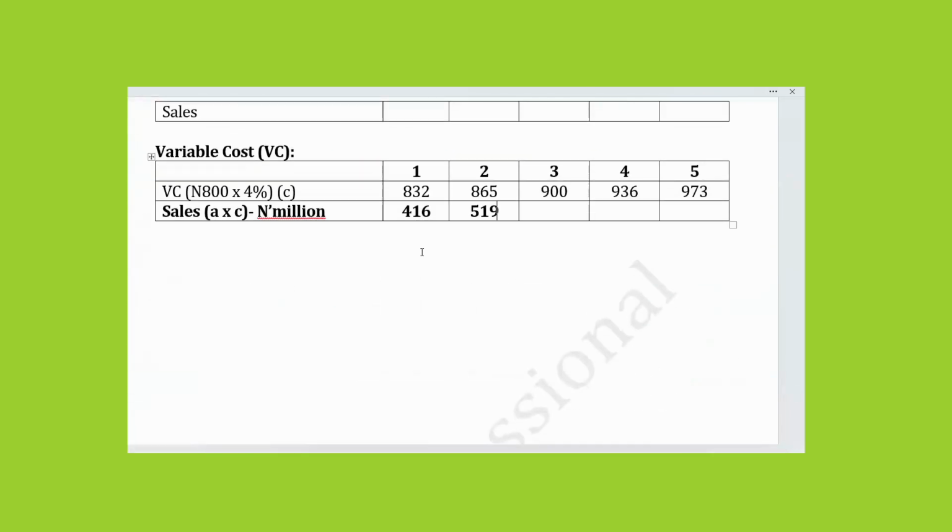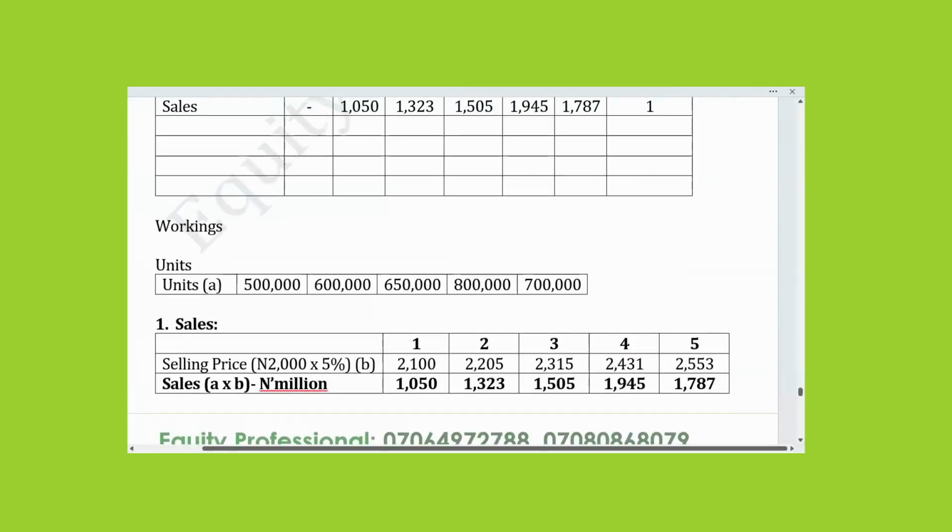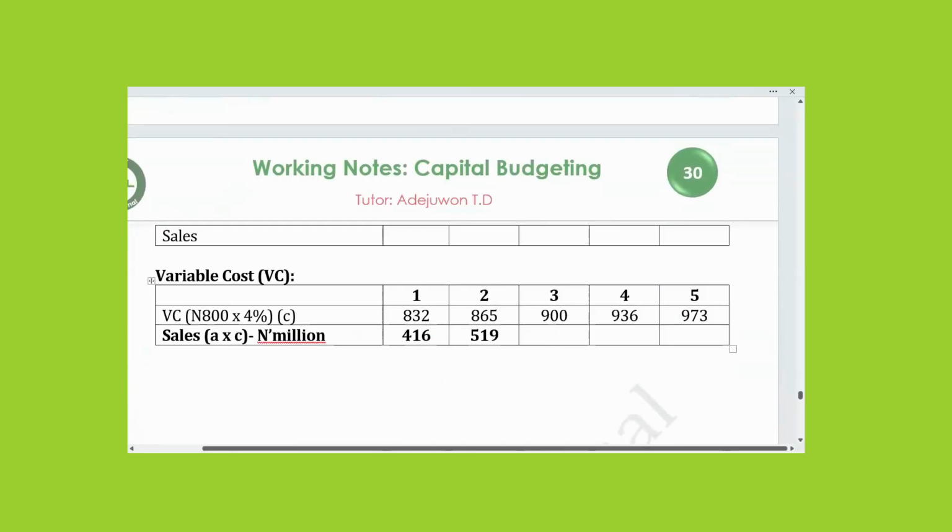Year 3, 585. Year 4, 749. Then year 5, 681. All right, so that represents our total variable cost.